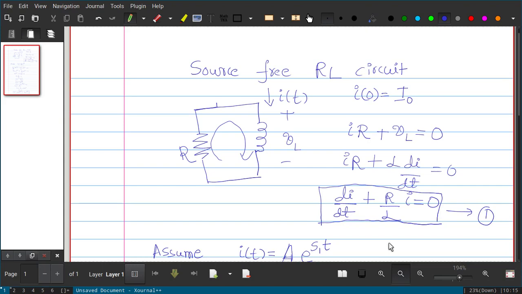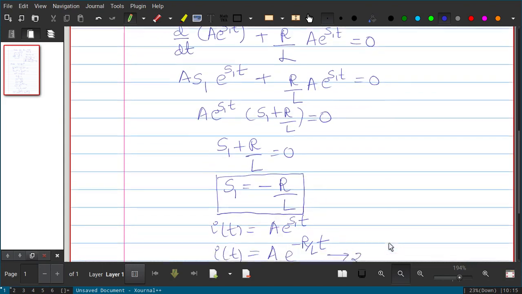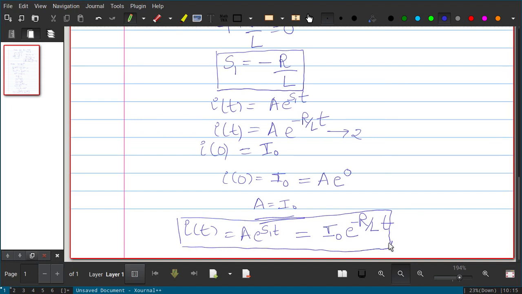The current through the inductor will have this form. What is that? I naught e power minus R by L t. That means it will be decaying exponentially with the initial value I naught, and if you keep on increasing the t value, finally it will reach 0. So the inductor current will have the form of exponential decay.